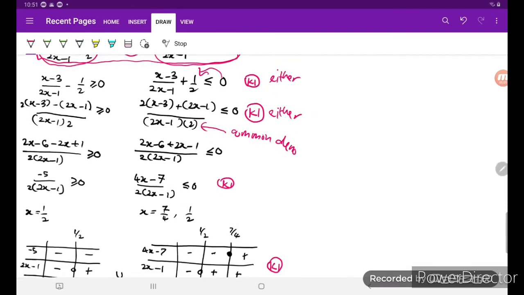Next mark will be this one, K1. Also either one. But make sure the sign is correct.